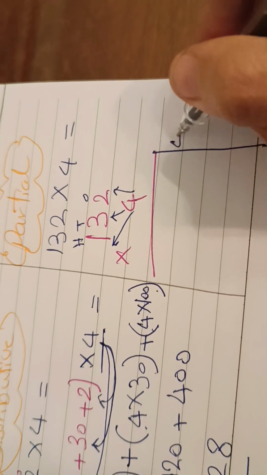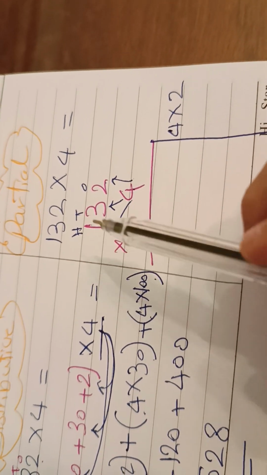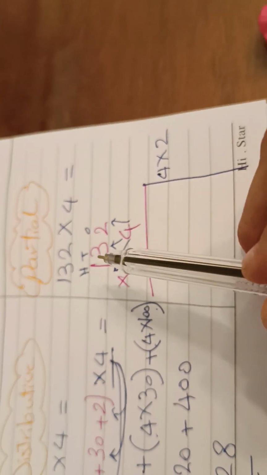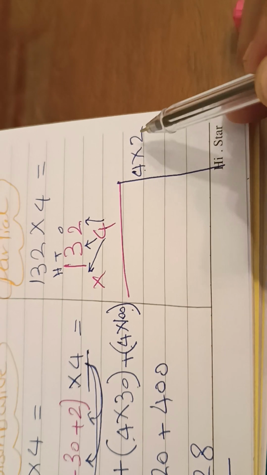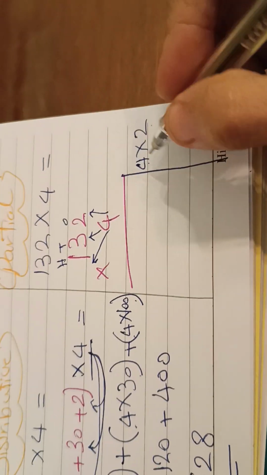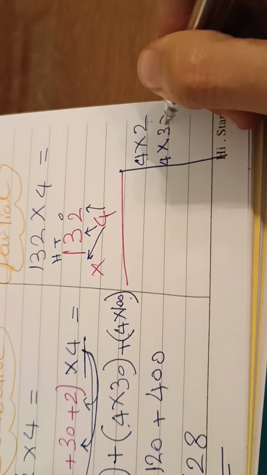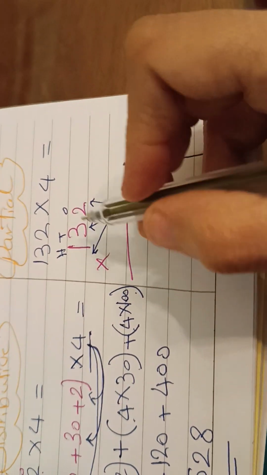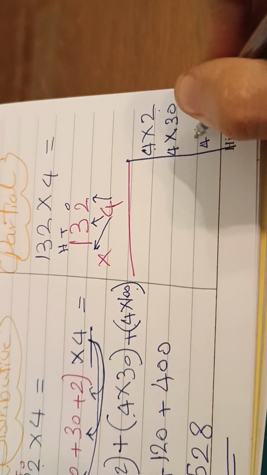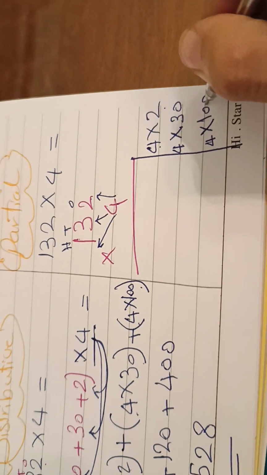4 by 2. In the partial strategy, I look at the place value of each digit. So 4 by 2. Pick 3, it will be 4 by 3, and in the tens place it is 30. And pick 1, 4 by 1, and in the hundreds place it is 100.